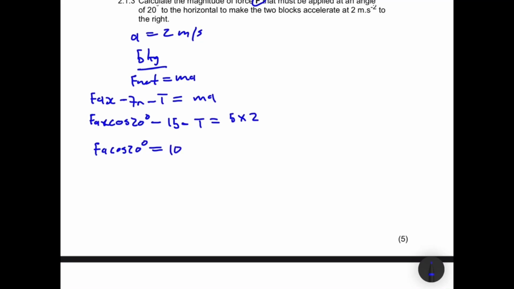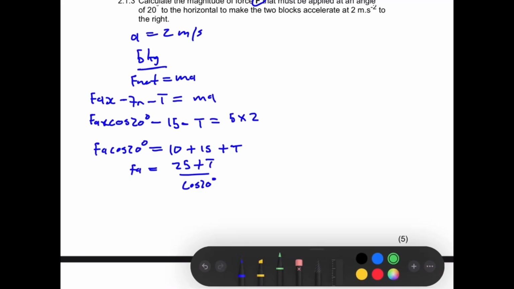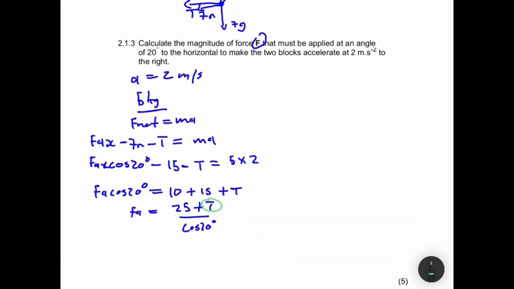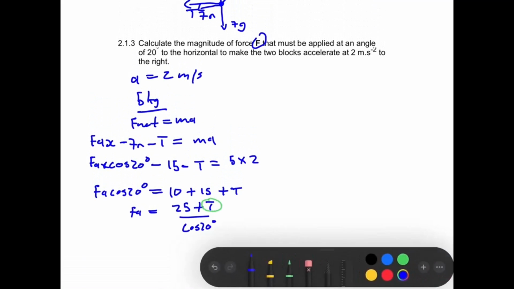So we're going to have 10 plus 15 plus tension, right? So now we can divide both sides by cos of 20. So we're going to get force applied being equal to 25 plus the tension divided by cos of 20. So it's easy to see now that we just need the tension. If we get the tension, then we basically have the force applied, right?